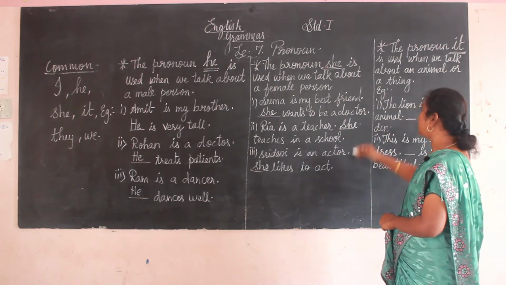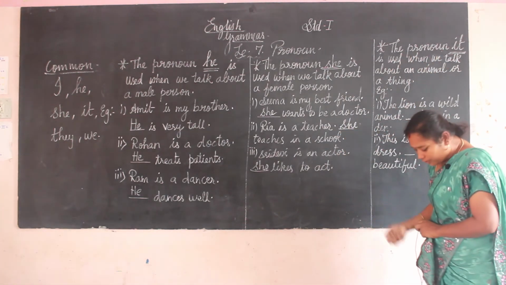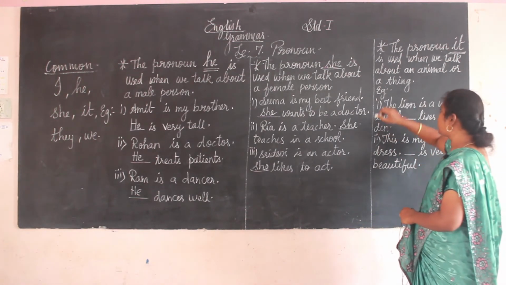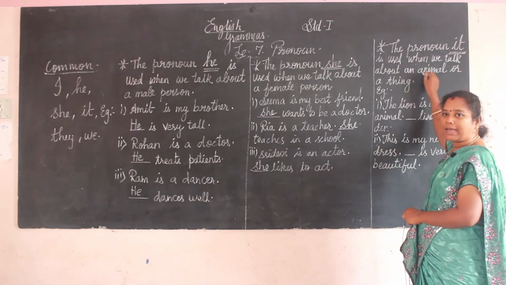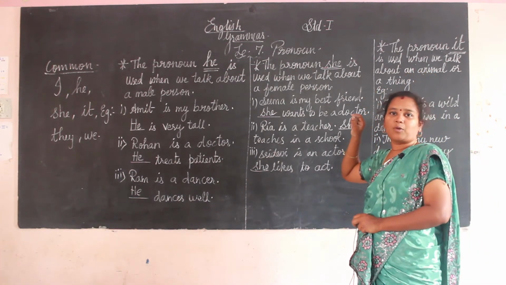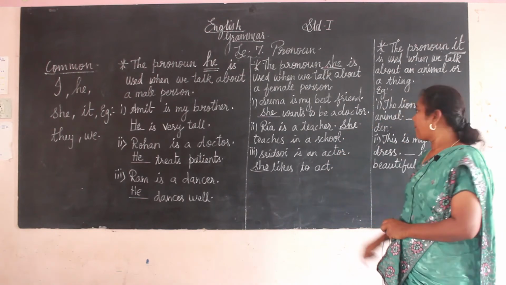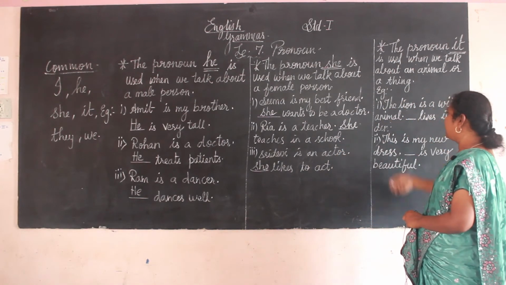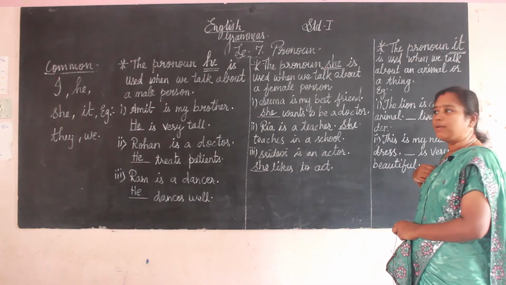Now see the next, the pronoun it. Where do we use it? We use it when we talk about an animal or a thing. See the example. The lion is a wild animal. Lion is a wild animal.